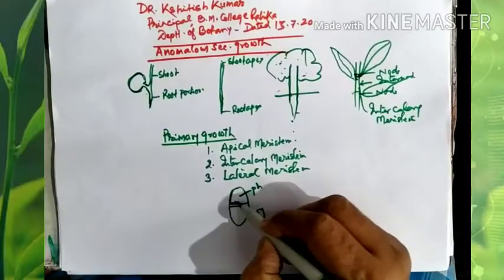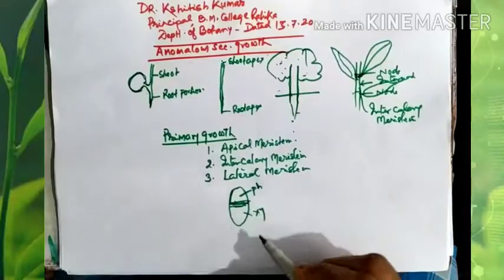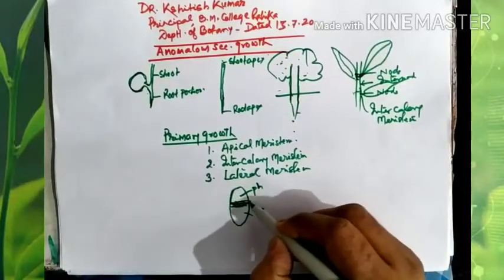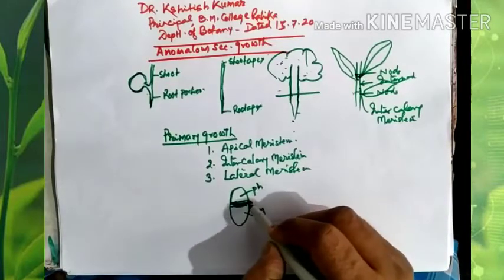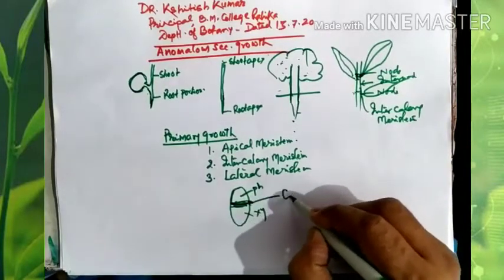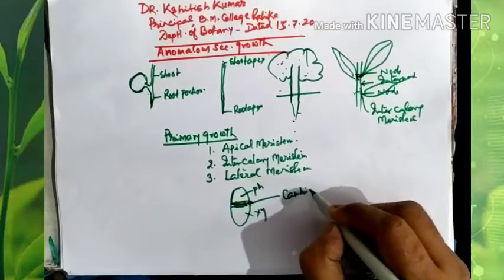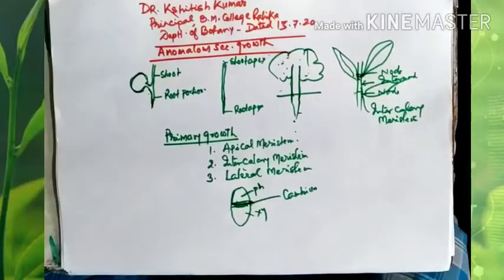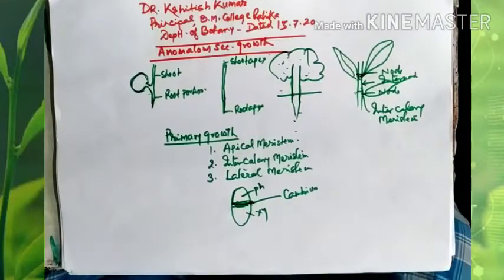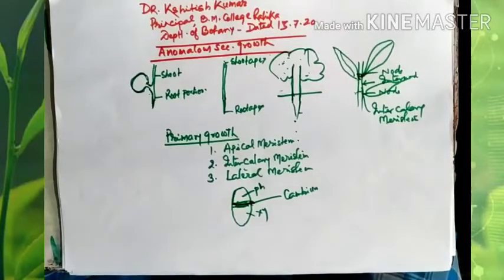In between the two there is a patch of cells that later on become meristematic, and this is known as the cambium. Actually, this cambium is a type of meristem situated laterally in the plant.